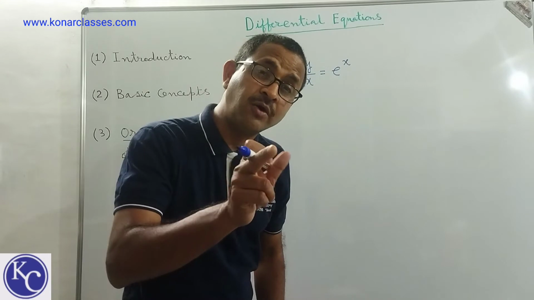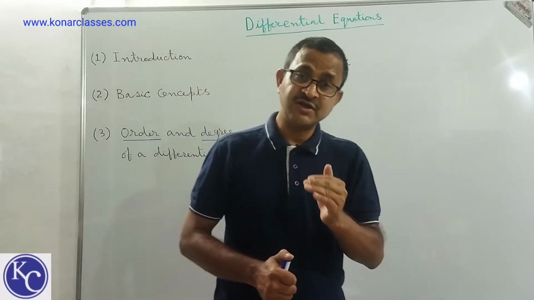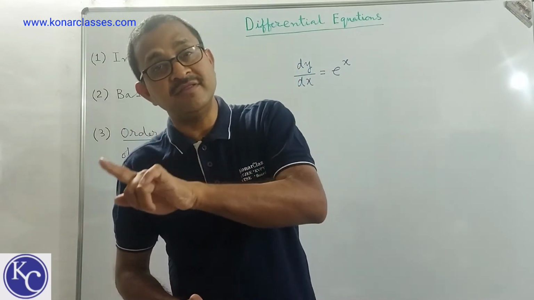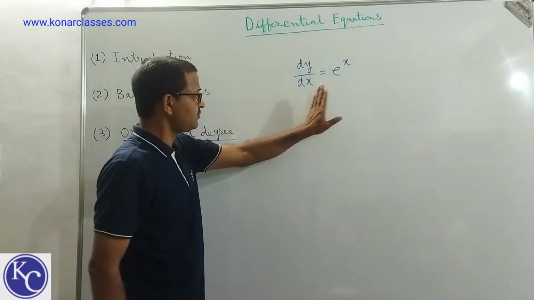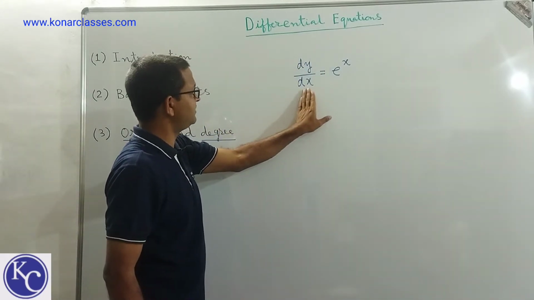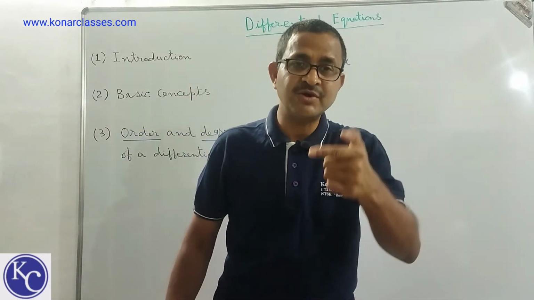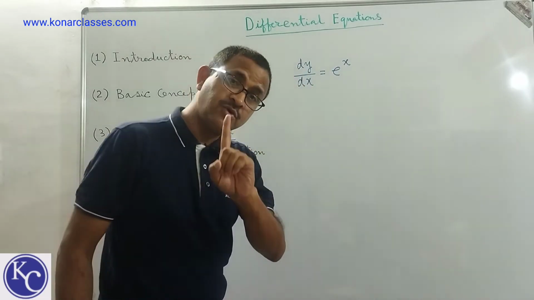Now, what is the order of a differential equation? The order of a differential equation is the order of the highest order derivative appearing in the differential equation. For example, in this case, what is the highest order appearing here? It is 1, because dy dx is the differentiation of y with respect to x, that is the first order. So its order is actually 1.